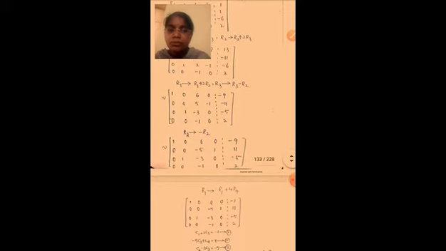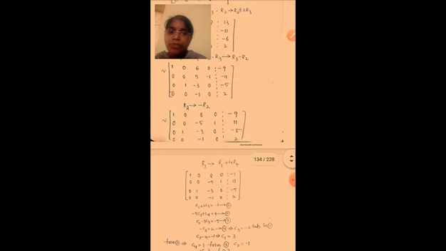So R4 is the same: 0 0 -1 0 2, and next in R2 we have to multiply with minus. So first row is 1 0 6 0 -9, and next is 0 0 -5 1 11, and third row 0 1 -3 0 -5, and next fourth row is the same 0 0 -1 0 2.